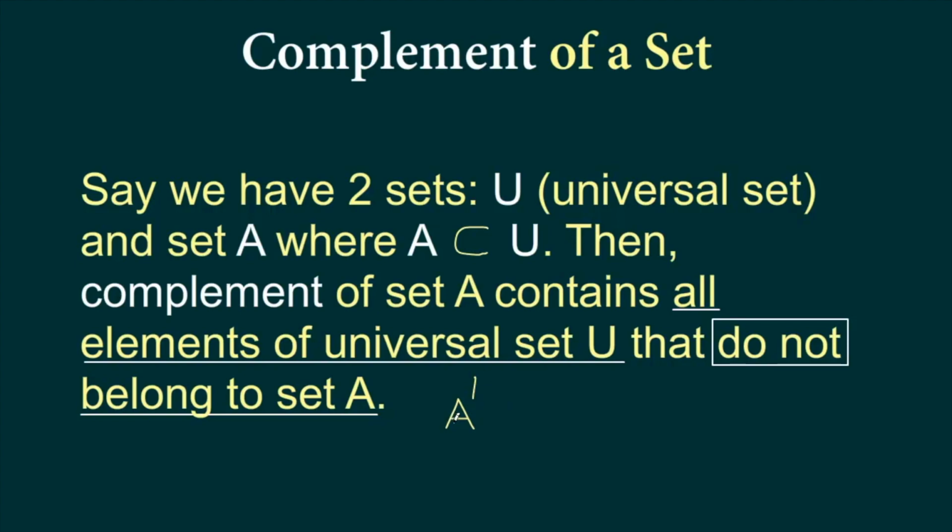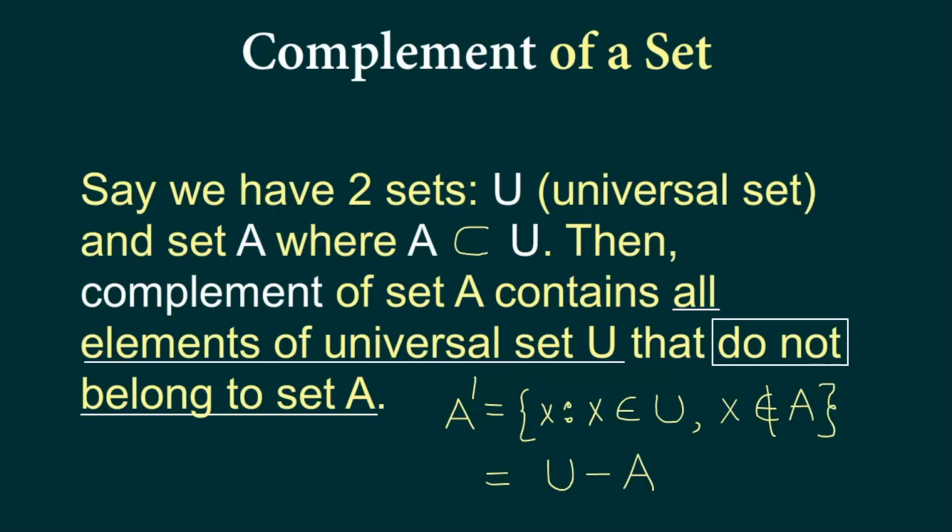So this means complement of set A. It contains elements X such that X belongs to the universal set and X does not belong to set A, which is pretty much also the same as the universal set minus A. So this is what a complement of a set is.